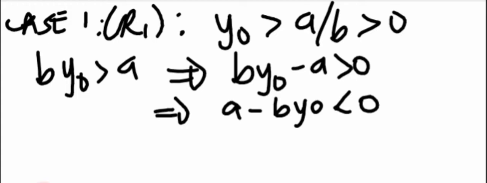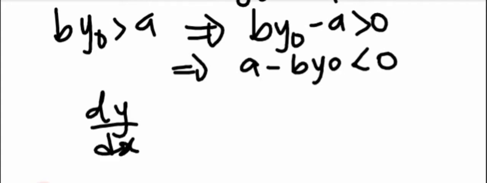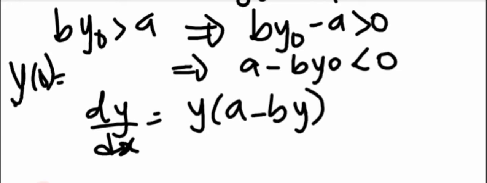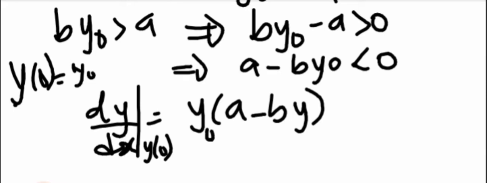So let's move on. We were given dy by dx is equal to y(a minus b y). Given this equation, we are trying to see what happens at y of 0 is equal to y naught. So at y of 0, everywhere we have y, it becomes y naught.